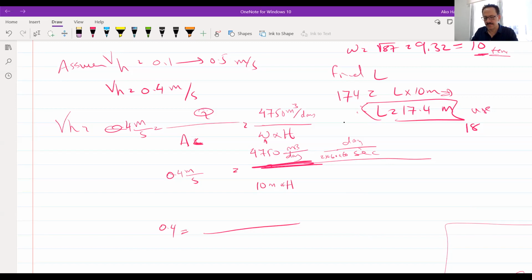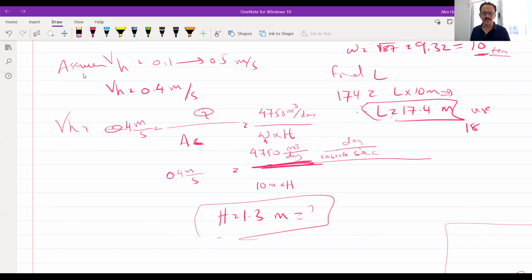Okay. I think it's 1.3. Is that correct? I think it will be like this.